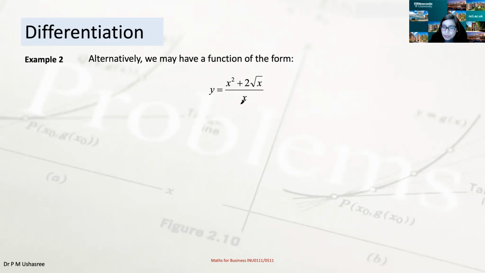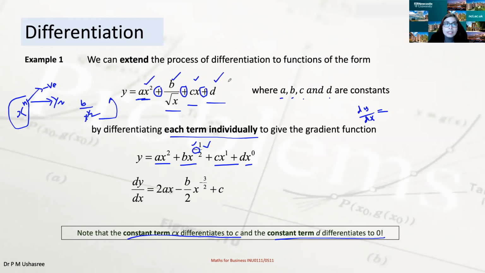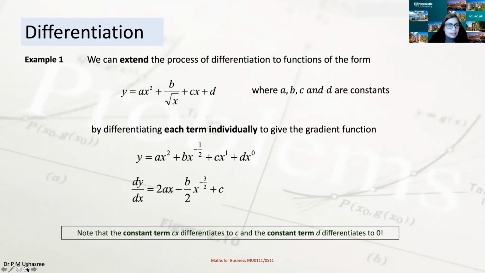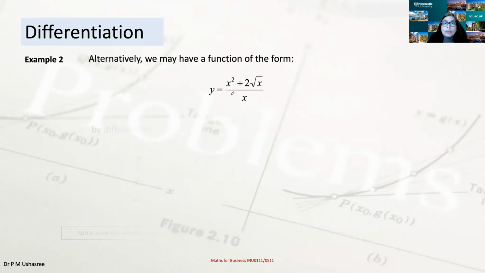Here what you should do is bring this to this form, that is individual terms, so that you can differentiate each term individually. So how are you going to bring that step here?